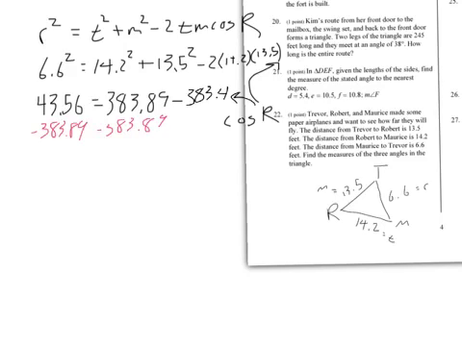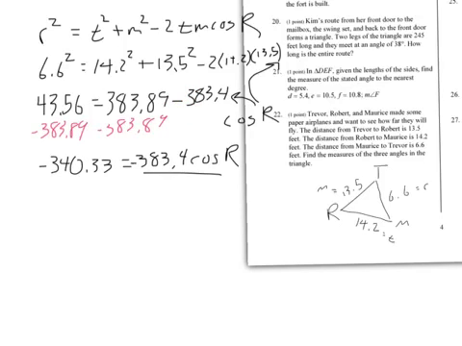And we would get 43.56 minus 383.89, which is negative 340.33, equals negative 383.4 cosine r. Okay, we're almost there. There should be a negative sign there because there's a minus sign there.